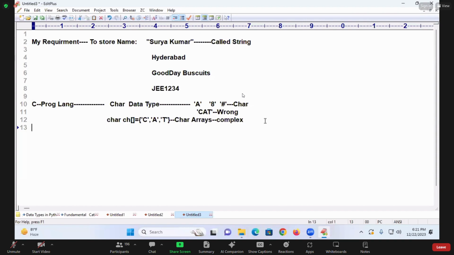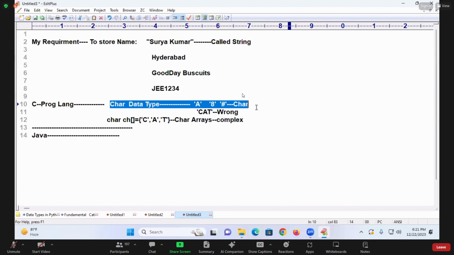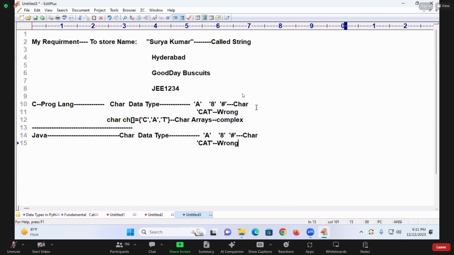When you come to Java language, in Java programming, this is similar. But when you come to Java, you can write cat within double quotes. This comes under the class name String, which is present in the package java.lang.String.